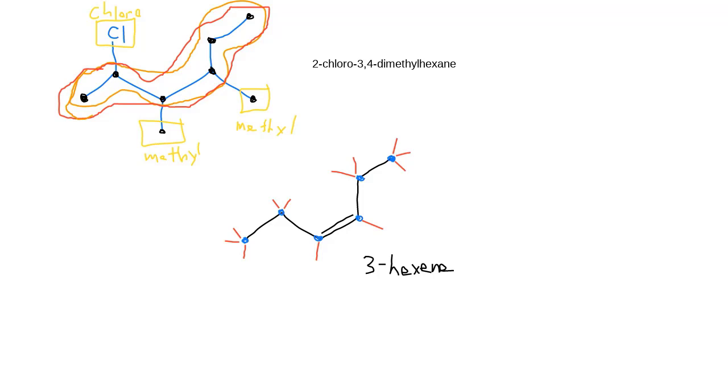There's two carbons that are double bonded together. How many hydrogens are on each one? In other words, how many hydrogens are on this double bonded carbon? 1. And how many on this one? 1. So when each double bonded carbon has exactly one hydrogen, what do we have to do?